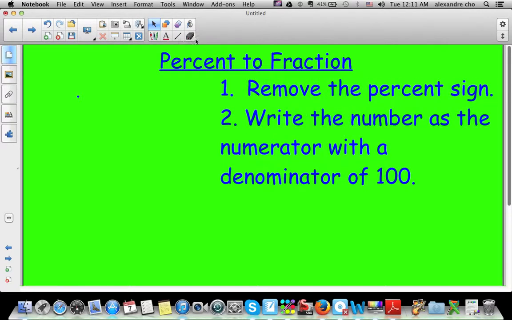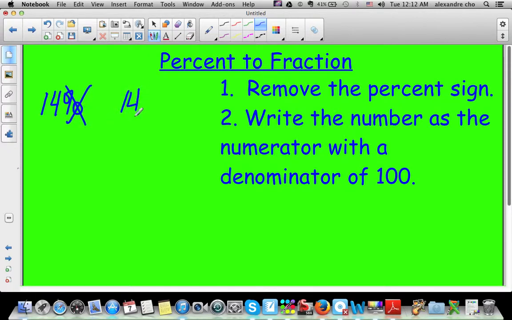Okay, so percent to a fraction. This one's really easy. Let's look at any percent to a fraction. So let's try, for argument's sake, 14%. First thing, I remove the percent sign and then write whatever I have left over, 14 in this case, as a numerator with a denominator of 100.